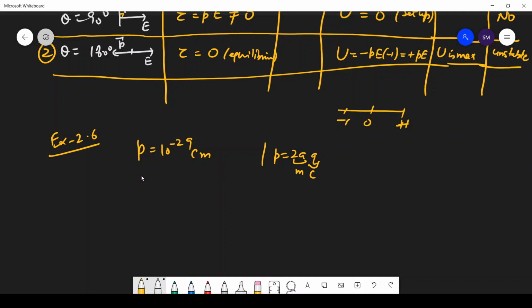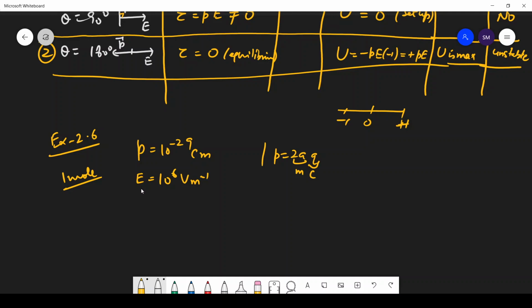A mole of this substance is polarized at very low temperature by applying a strong electrostatic field of magnitude 10 to the power 6 volt per meter. So this is the electric field that you are providing. You have 1 mole of this substance, and this is the electric field that you are applying.